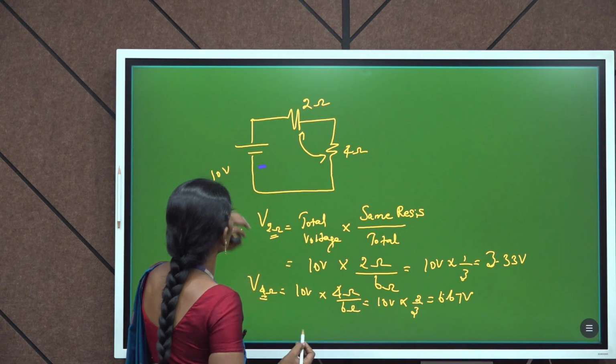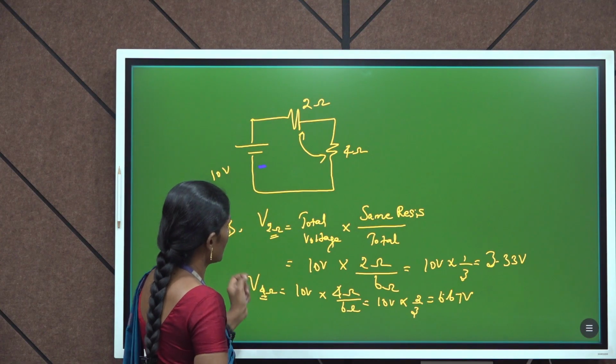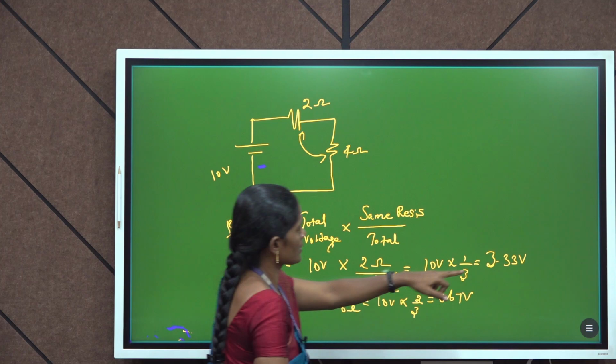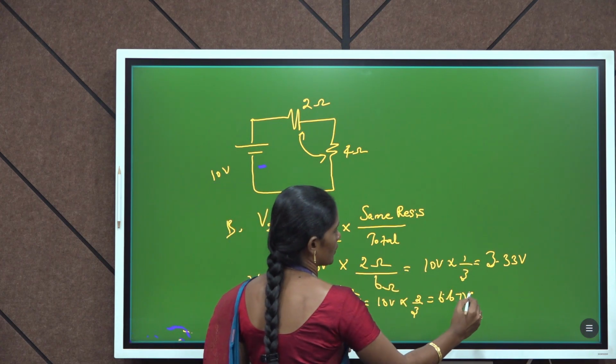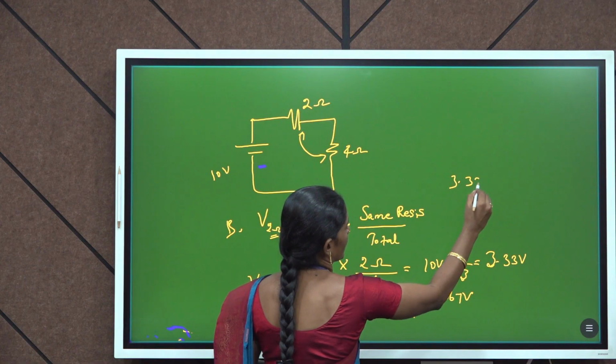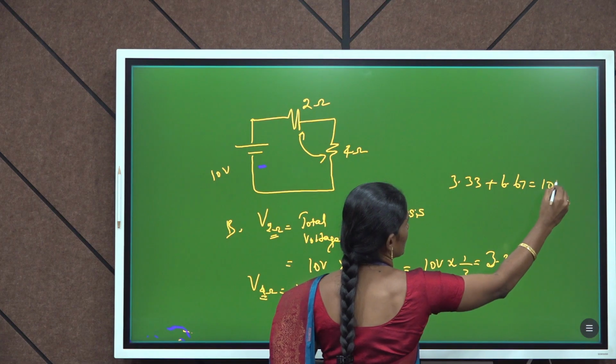So, the 10 volt is divided into two branches, 2 ohm as well as 4 ohm. The voltage across the 2 ohm resistance is 3.33 volt and the voltage across the 4 ohm resistance is 6.67 volt. By adding 3.33 plus 6.67, we get the source voltage 10 volt.